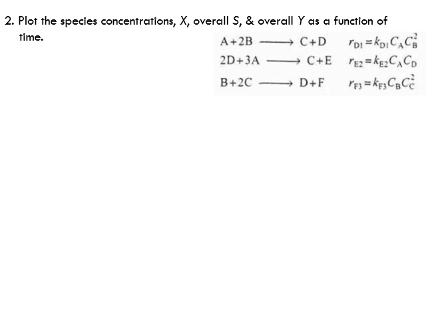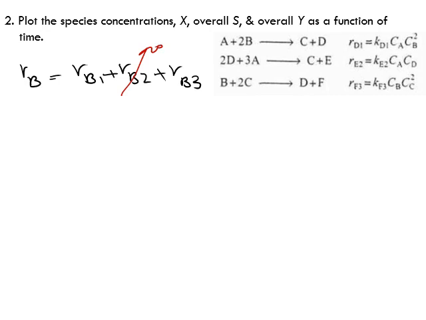So we're done with A. Let's continue with B. RB equals RB1 plus RB2 plus RB3. B is not involved in reaction 2, so this is 0.